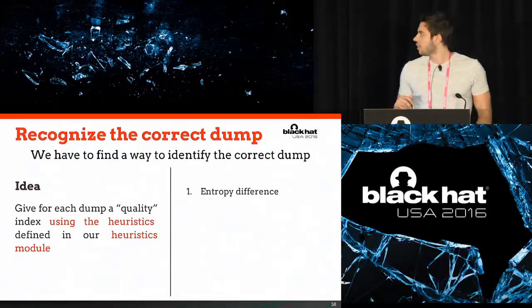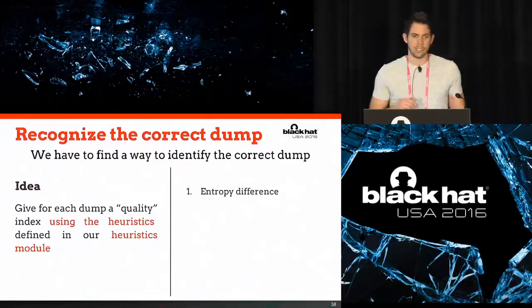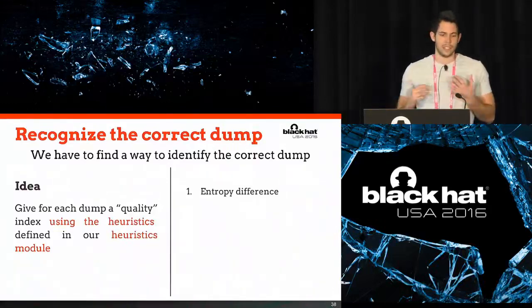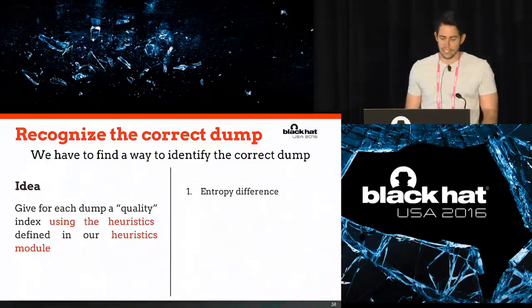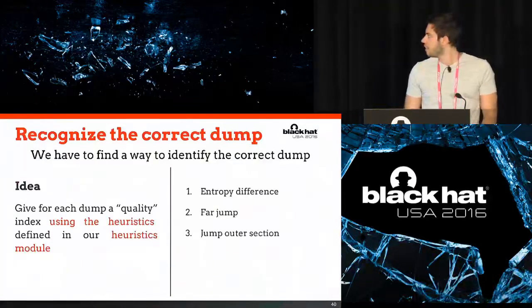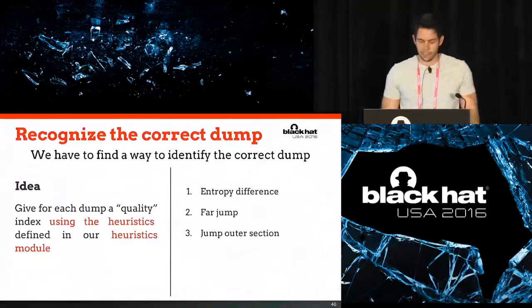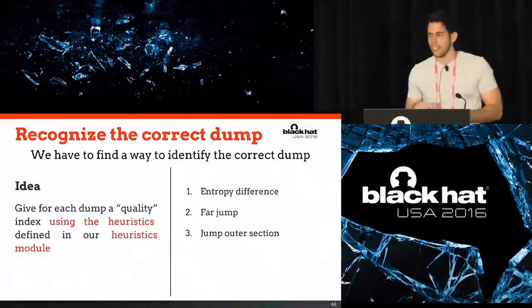The first heuristic is the entropy difference between the original malware and the current dump. If these two values differ in a significant way, this could be an indication of the end of the unpacking phase. The second and the third one are based on the analysis of the current instruction pointer and the previous one.